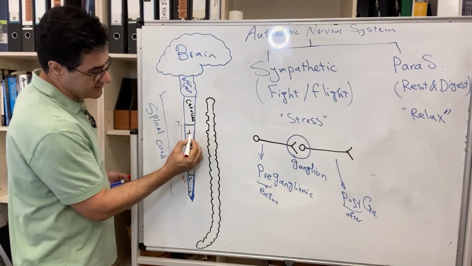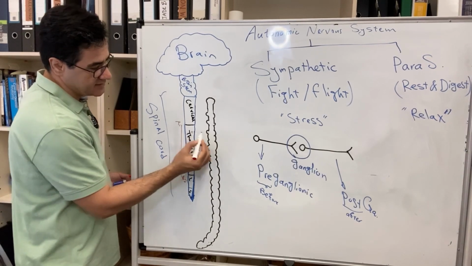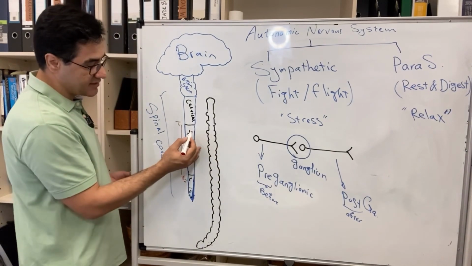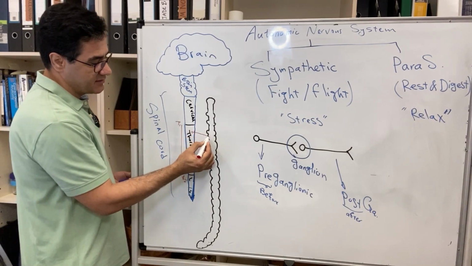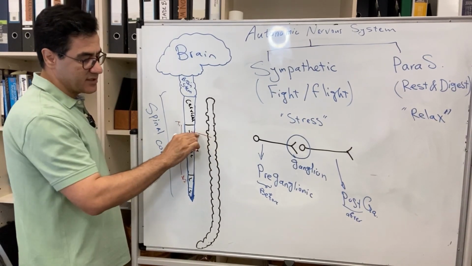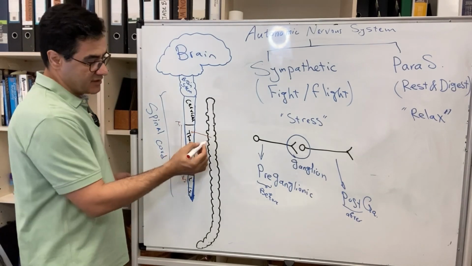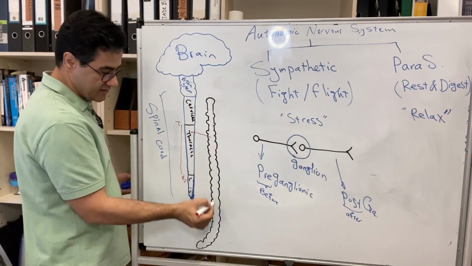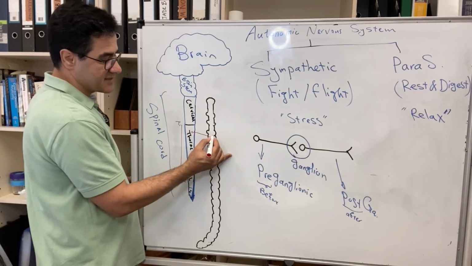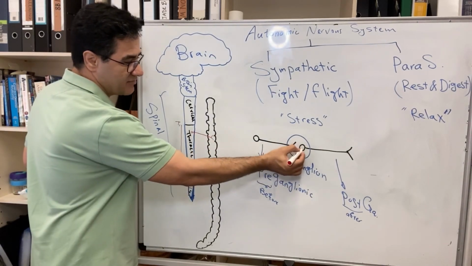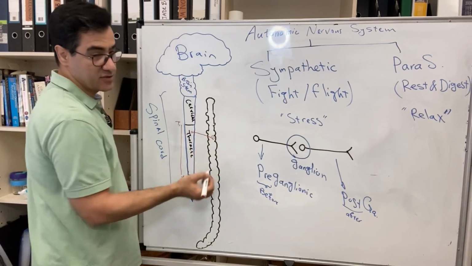Imagine that the cell body is here. The axon exits the spinal cord, runs alongside the spinal nerve, and then enters the sympathetic chain and sympathetic ganglion, and synapses onto the cell body of the postganglionic neuron.